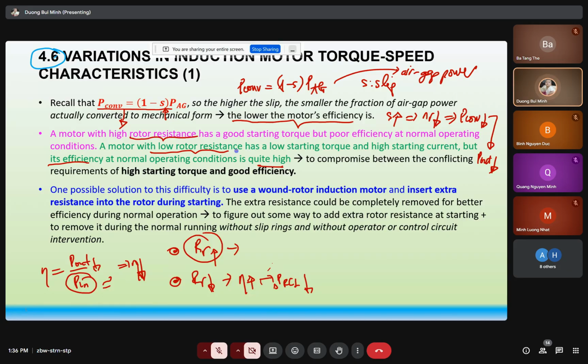Efficiency at normal operating condition is quite high, but when we decrease the resistance, we have lower starting torque, right? If starting torque is lower, you cannot start induction motors.